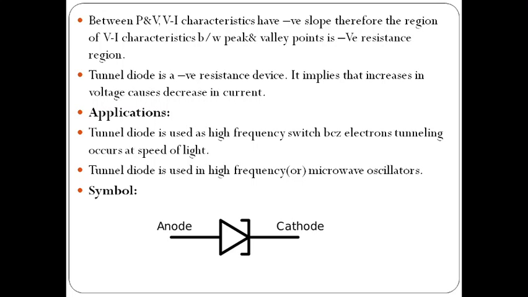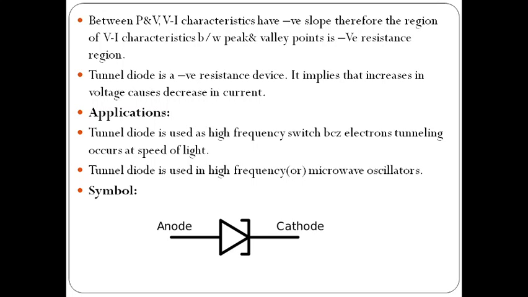Therefore, the region of VI characteristics between the peak and valley point is the negative resistance region. So the tunnel diode is a negative resistance device. It implies an increase in voltage and a decrease in the current. So we can say this tunnel diode is a negative resistance device.